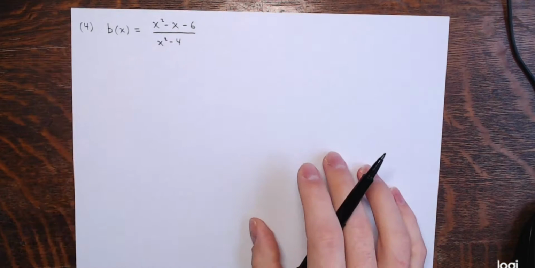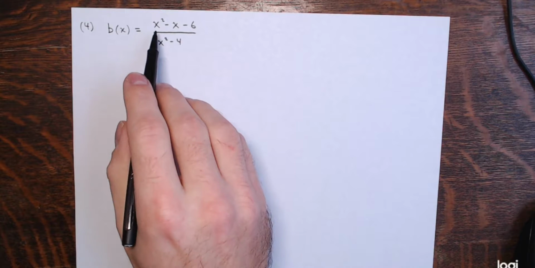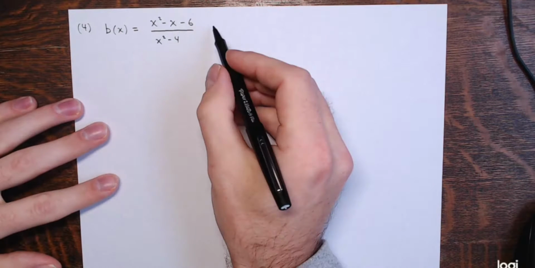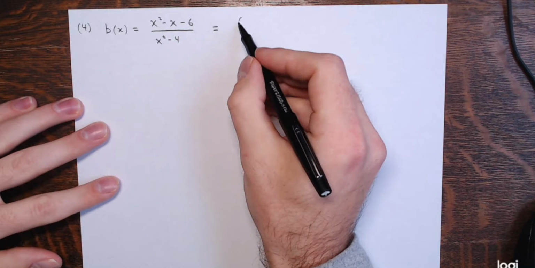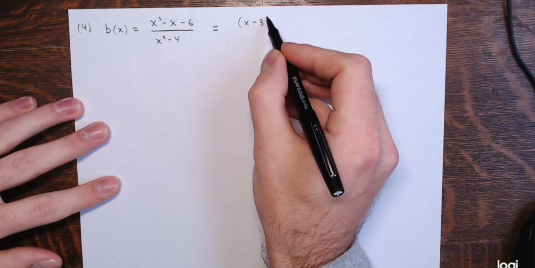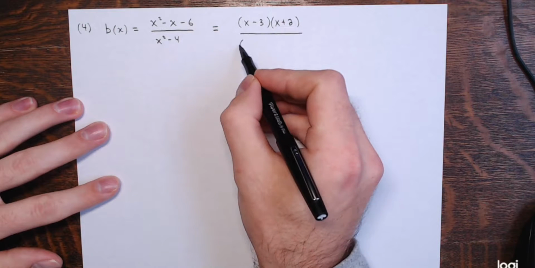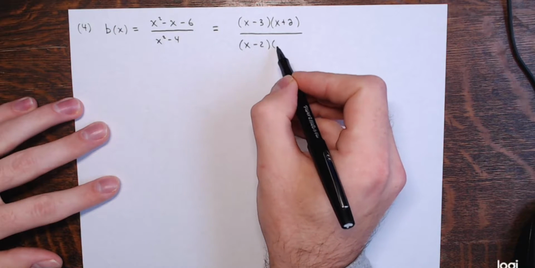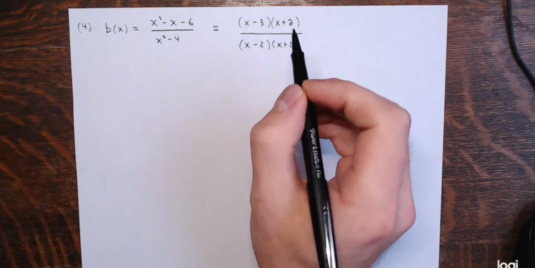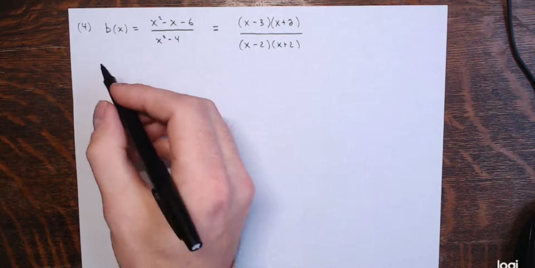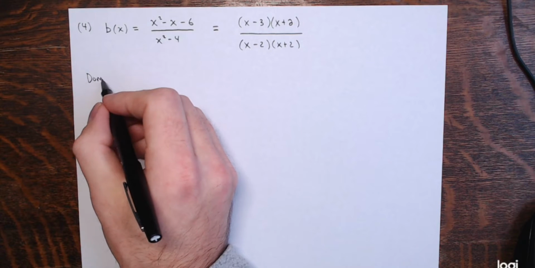Got b of x equals x squared minus x minus 6 divided by x squared minus 4. Once again, factoring the numerator will be x minus 3 times x plus 2. Factoring the denominator, x minus 2 times x plus 2. Now before I simplify, I know you see the common factor of x plus 2, I'm going to state the domain.